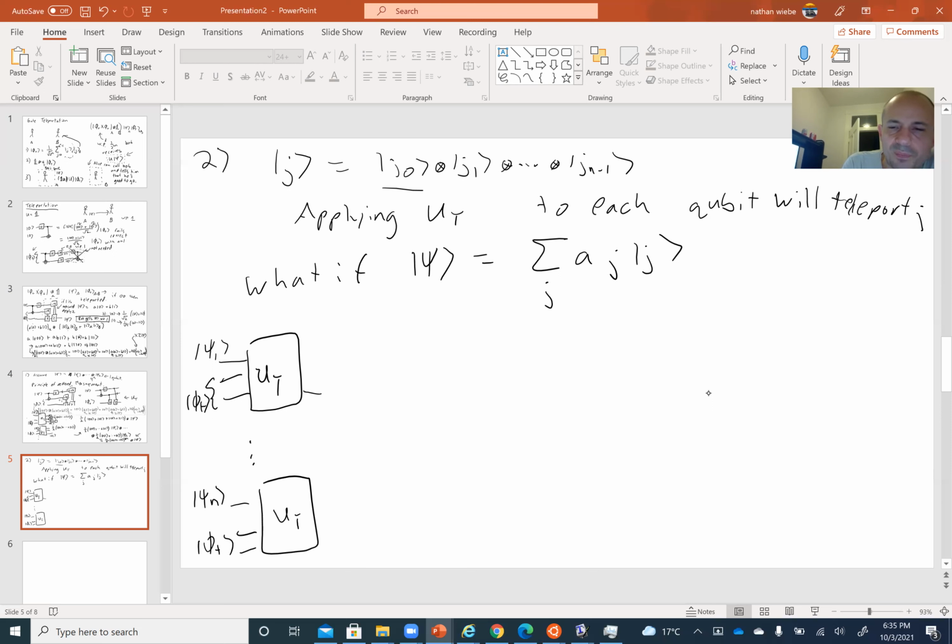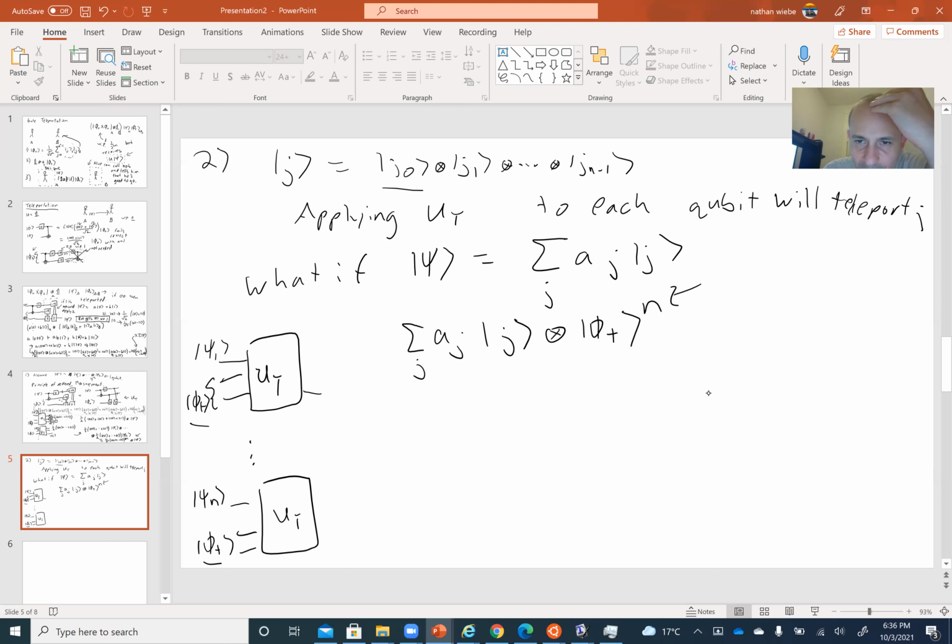Then what we can see is that we can rewrite this teleportation protocol where we're teleporting each of the bits sequentially as the following. We can rewrite this as sum over j, a_j, |j> tensor phi plus to the n, where these are just the extra copies of the phi plus state that we're keeping around in order to be able to send the information through the teleportation protocol.